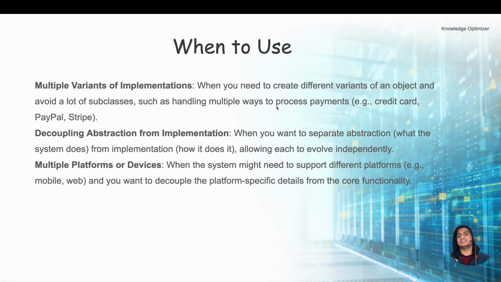When to use it: if you want to create multiple variants of an implementation. It's a very basic implementation and can be used anywhere. Suppose in e-commerce, you are defining a laptop category. An order object would be there, and you keep adding products.